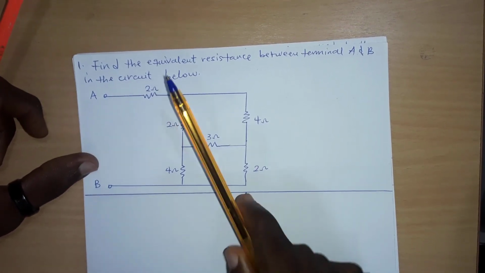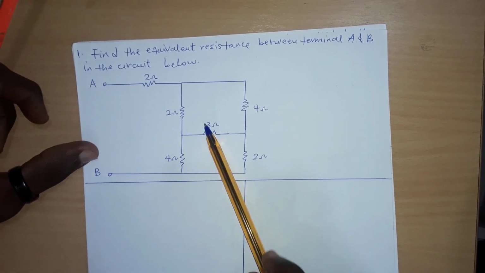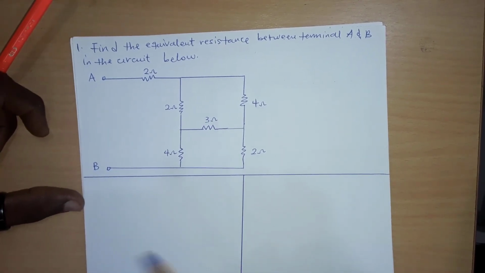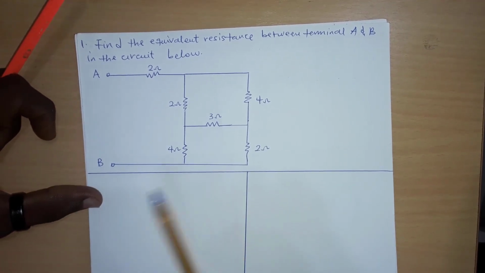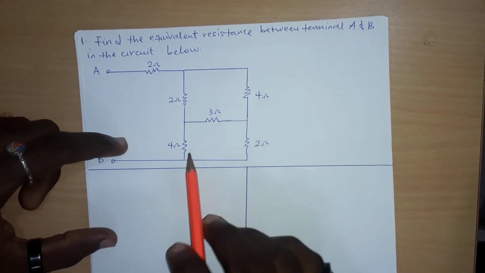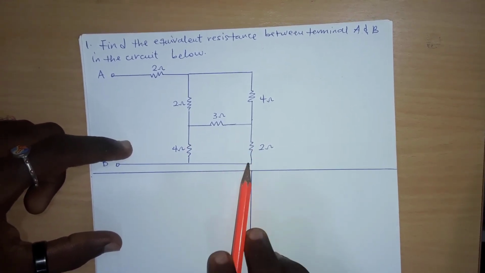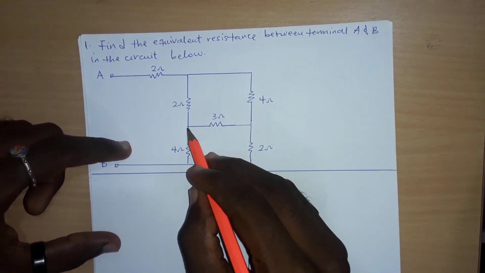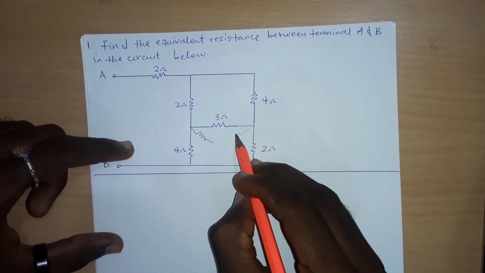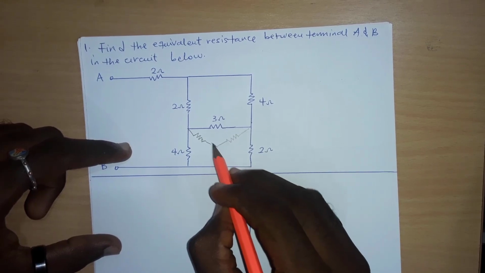If we want to find the effective resistance, we can see that none of the resistors here are in series or parallel. So then what do we do? We use star to delta transformation. Since we have a delta here, we can put a star in the middle like this.